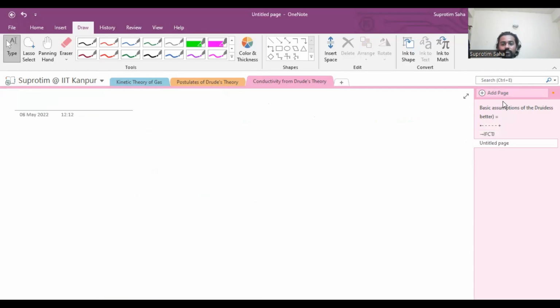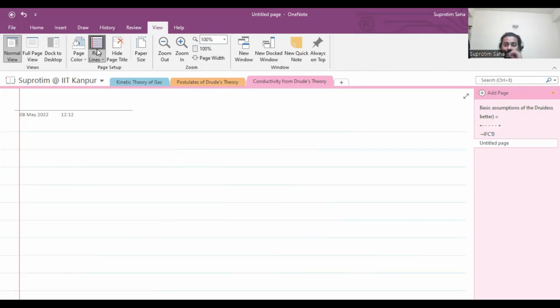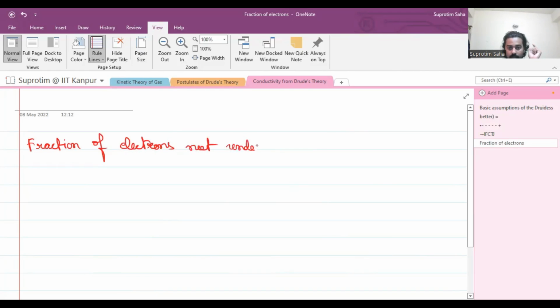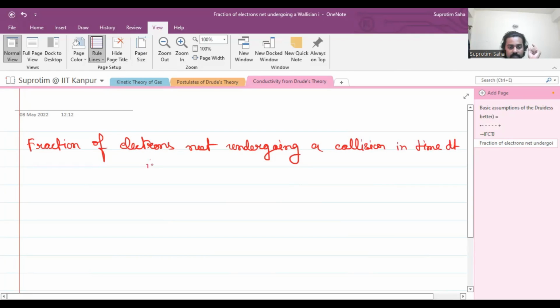Now coming back to the discussion, we took only the contribution from those electrons which have not undergone a collision. The fraction of electrons not undergoing a collision in time dt is 1 minus dt over tau of all electrons.